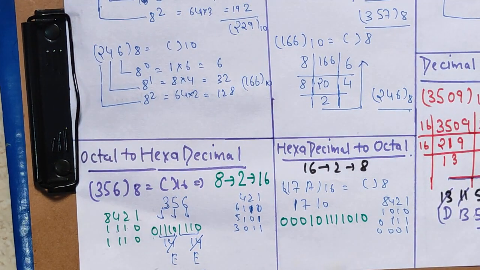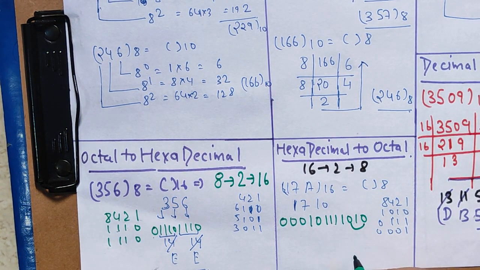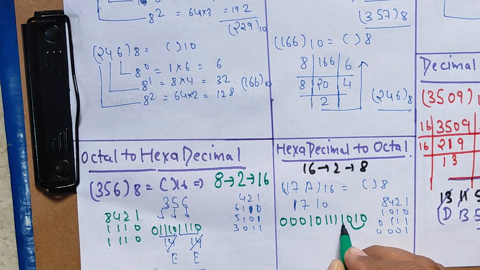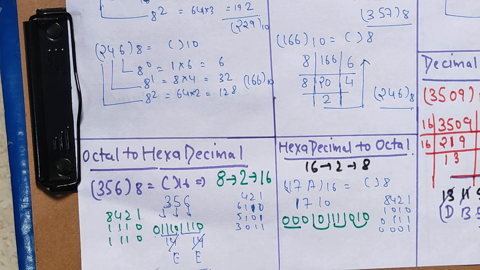Okay, now after that I will make pairs of 3, pair 1, pair 2, pair 3, and this is the 0. I will eliminate it also. Okay, and how can we convert a binary number into octal?